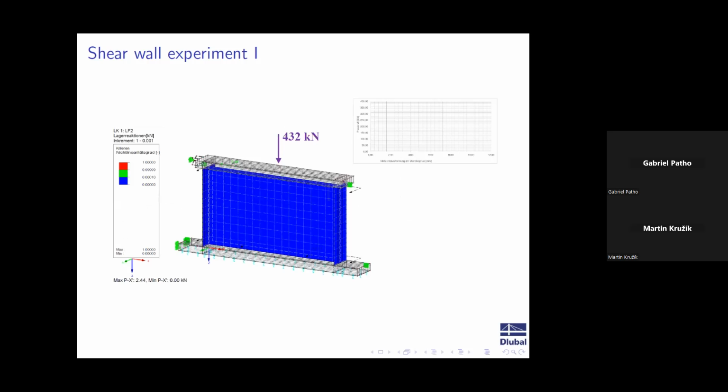And this is how it looks actually already in our software. This is the confining pressure that you apply as a surface load. So you redistribute it onto this top part, which is actually concrete. We consider it linear elastic. Nothing special happens there.